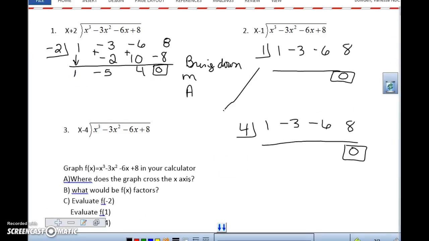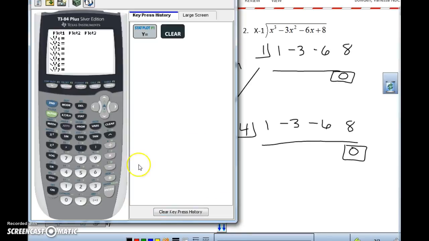When you get 0 as the remainder, it means something very, very special about the graph. So let's figure out what it is about the graph that this indicates for us. So if you see down here, it says we're going to graph the dividend in our calculator in the y equals screen. So if you would please pull up your graph, we're going to type in the dividend.